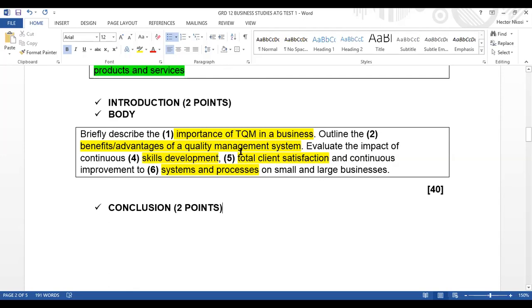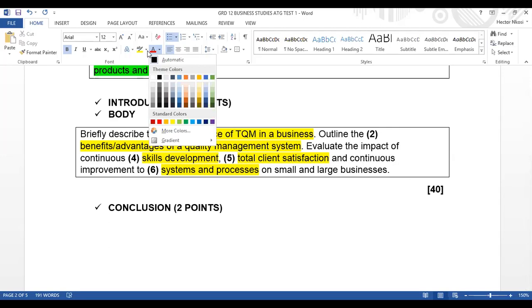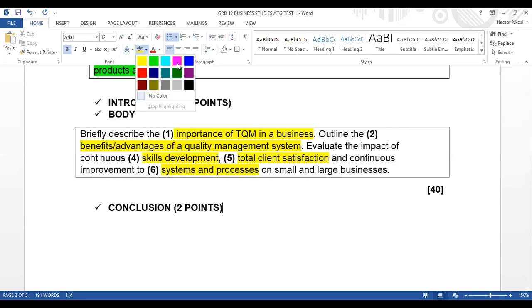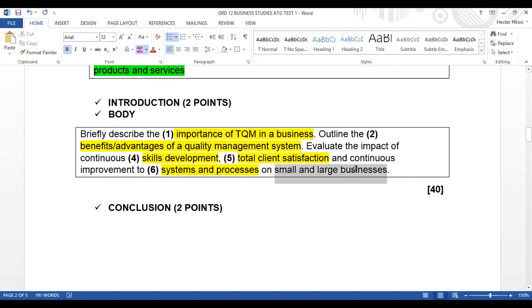Meaning that now, points 4, 5, and 6, in each category, you're comparing two different types of business. So for skills development, you must say, how does it affect small businesses? How does it affect large businesses?